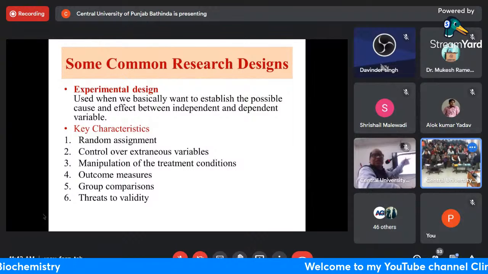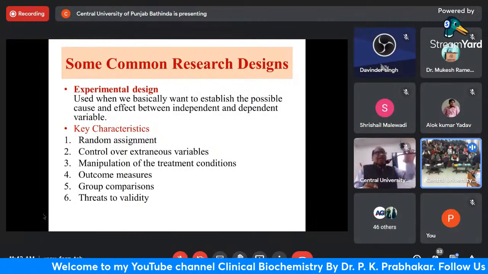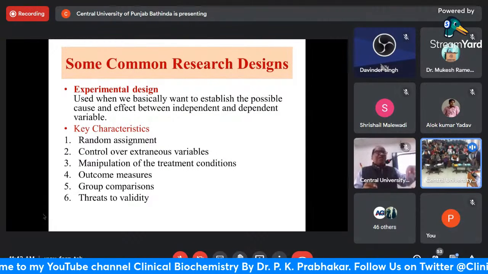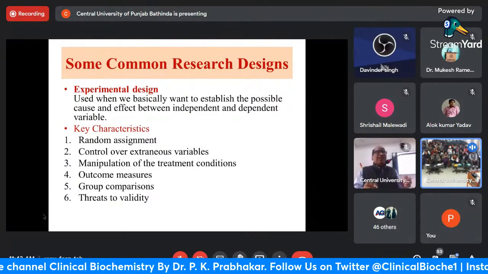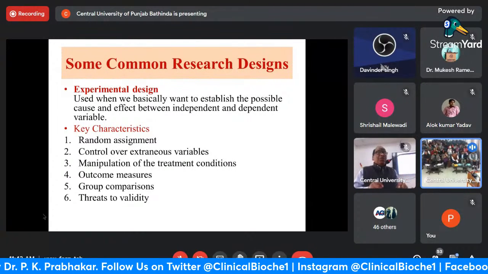Suppose you are preparing one experimental group as well as a control group. For the experimental group, you may select the sample intentionally, purposefully.